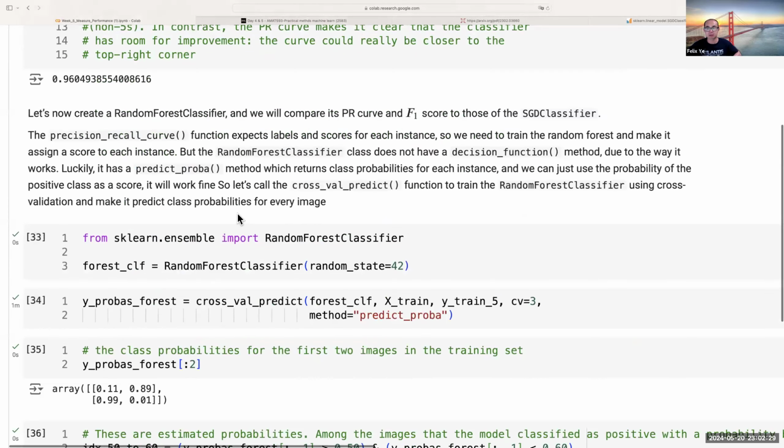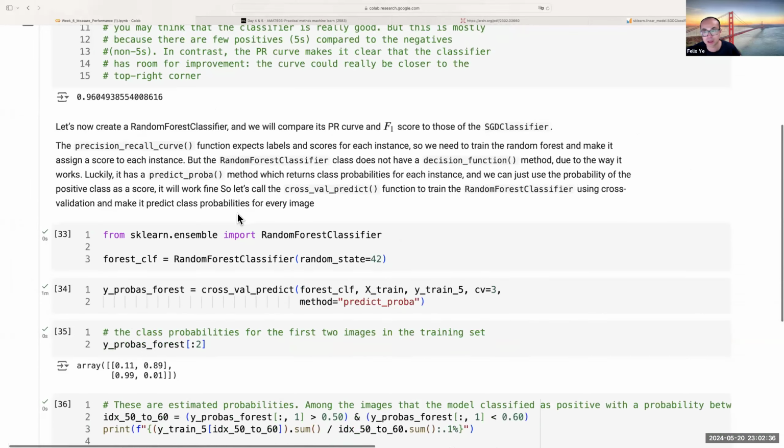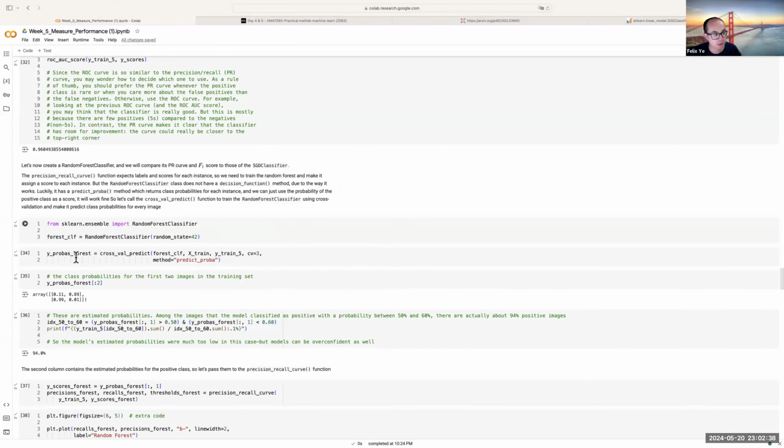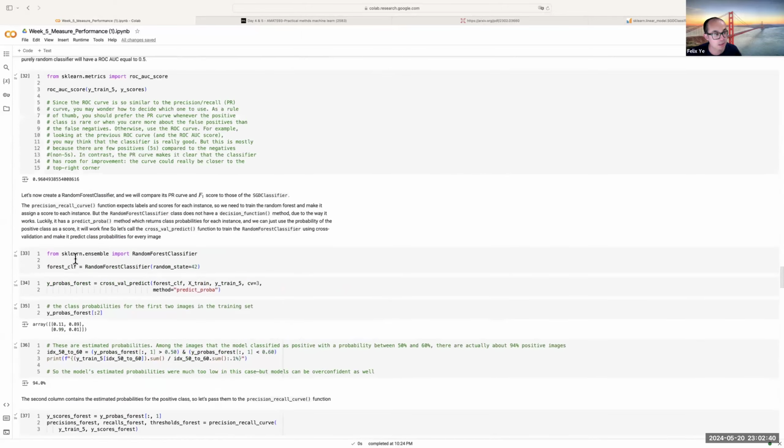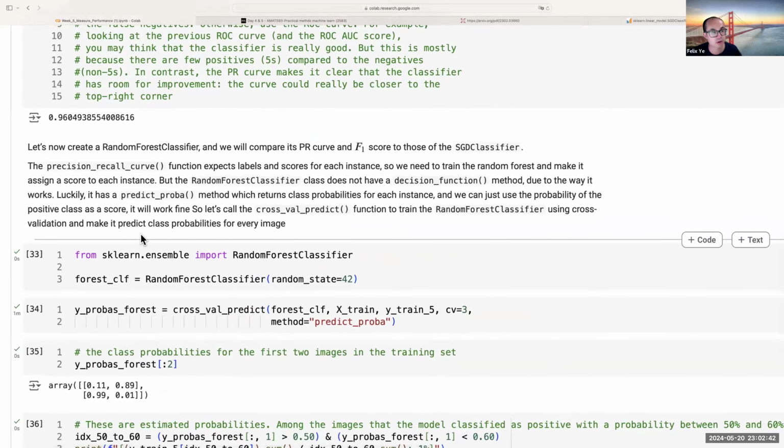Okay, so I'm trying to do something that's close, but not exactly right here. For example, if we try using a random forest, then we can compare its PR curve and F1 score right here.